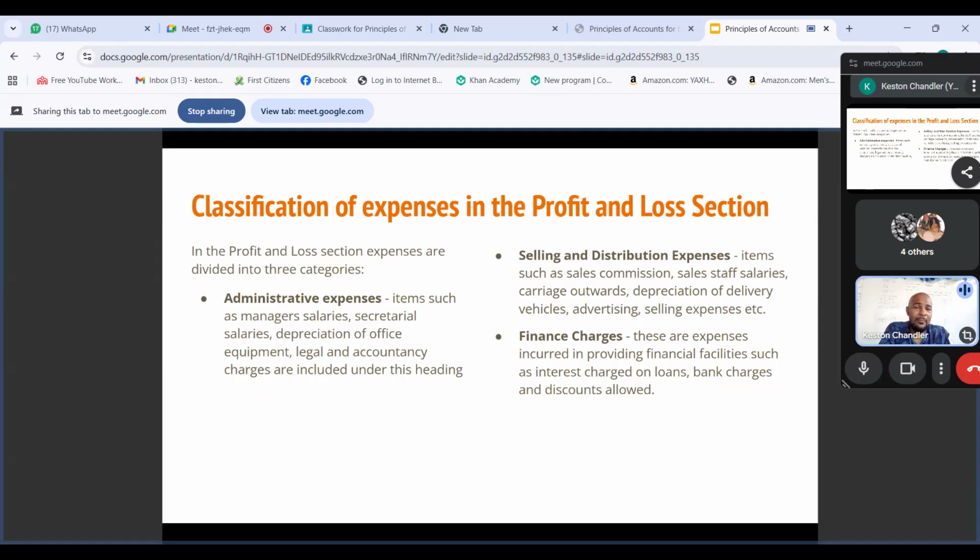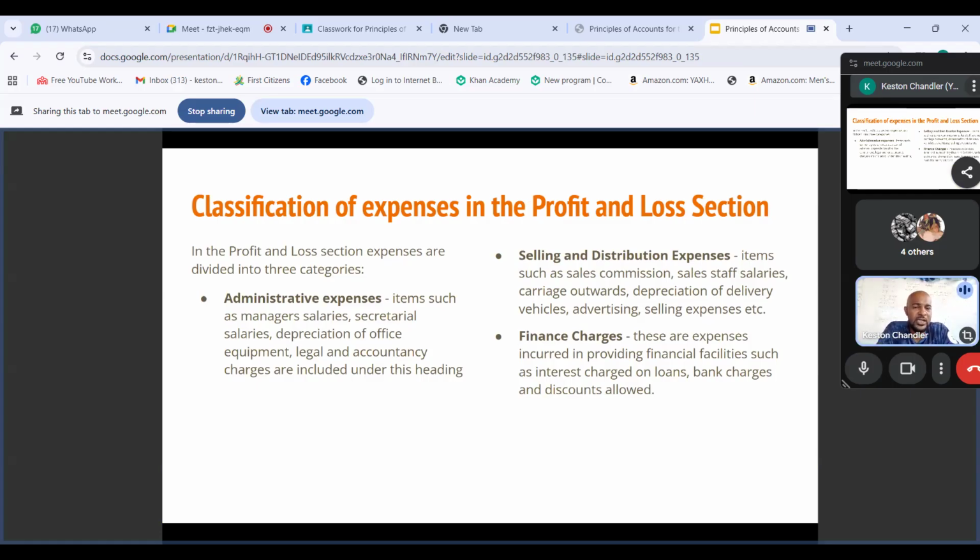Now, I mentioned that in the profit and loss section of the manufacturing account, we are going to break up expenses into 3 categories. One is administrative expenses. So anything relating to manager salaries, secretarial salaries, the depreciation of office equipment, legal and accountancy charges, all of these will go under administrative expenses.